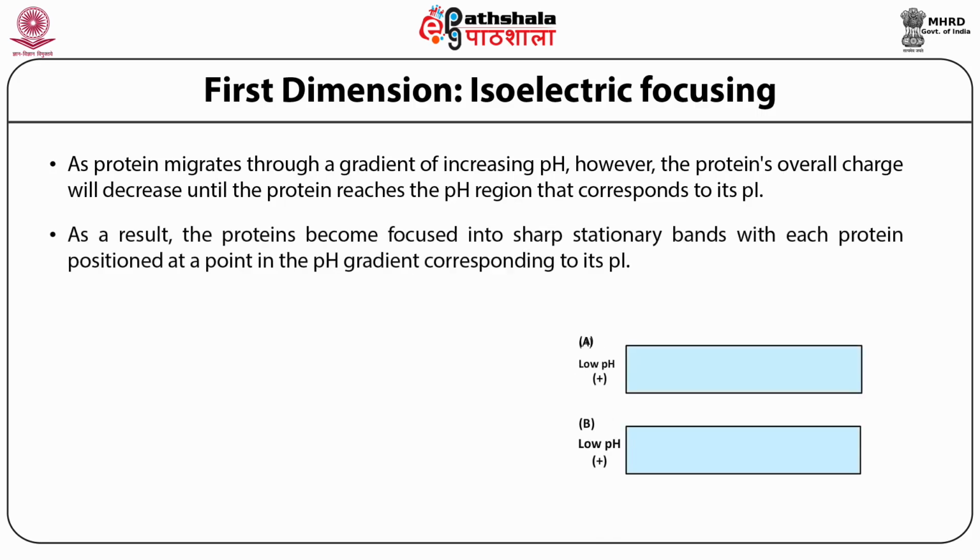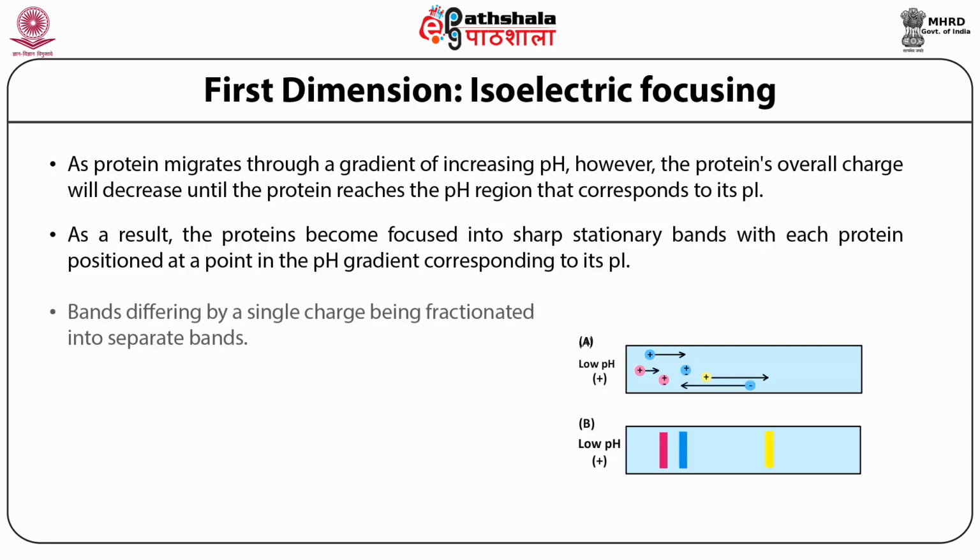Therefore, the proteins will tend to focus into sharp stationary bands and will be positioned at a point in the pH gradient corresponding to their pI. Proteins that differ even by a single charge will be fractionated and separated into bands on the IPG strip, as shown in the figure below.